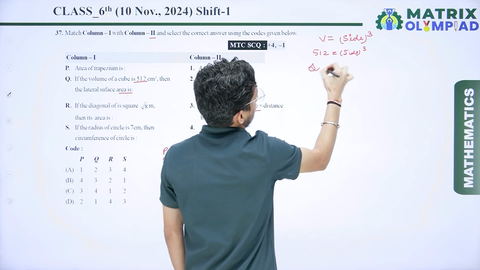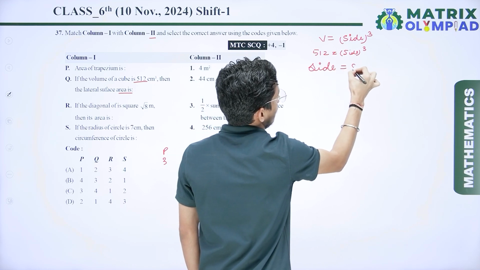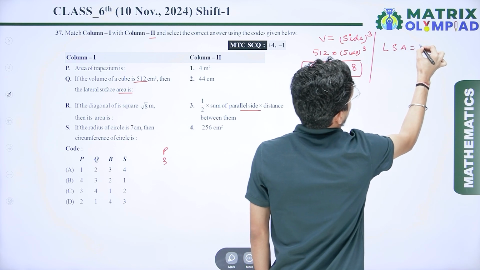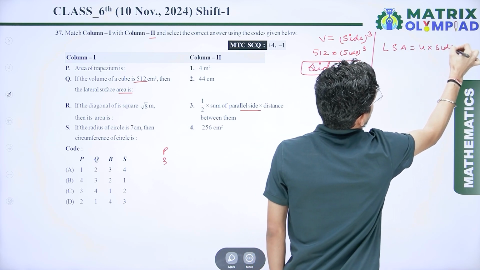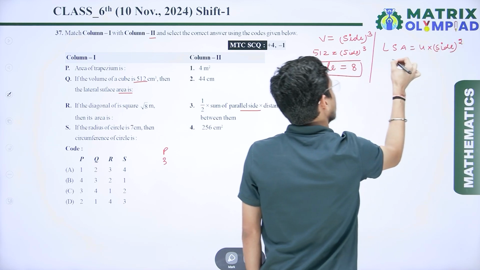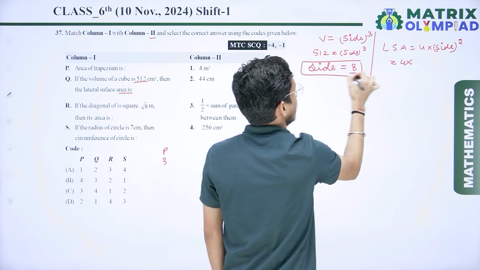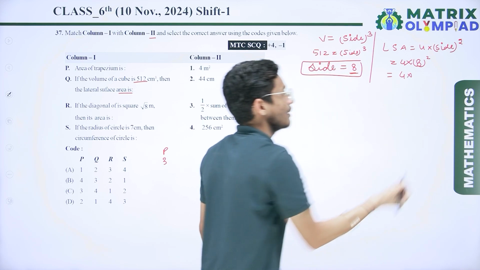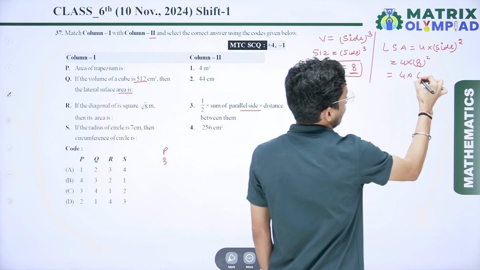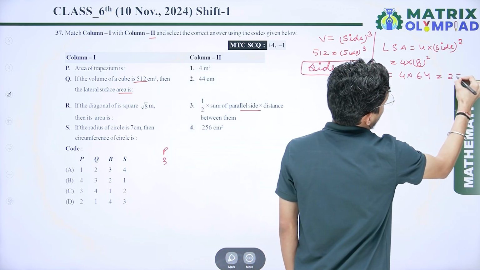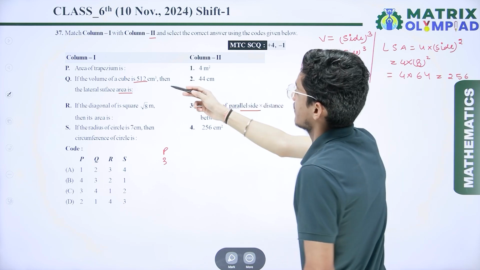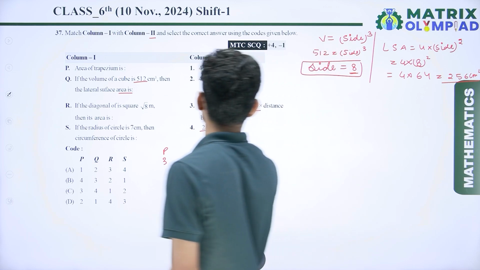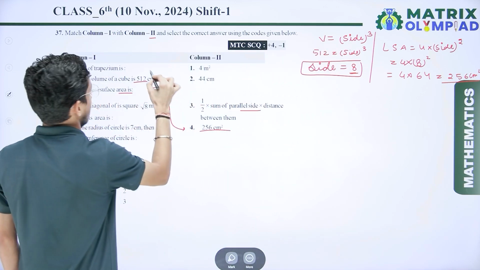So here side is equal to 8, and we know the lateral surface area is 4 multiplied by side square, and side is given as 8. It means 8 square. So 4 multiplied by 64, so if I multiply here, I get 256, and the side is in centimeter, it means 256 centimeter square.